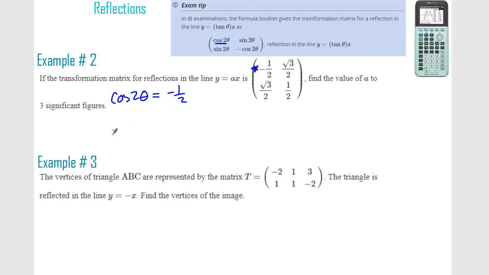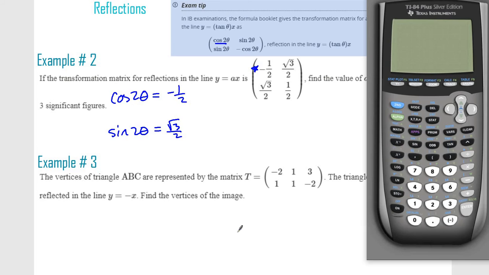Then I should know that sine of 2 theta is equal to the square root of 3 over 2. Now, I can do this using your calculator to double check things. So we do inverse cosine of -1/2.